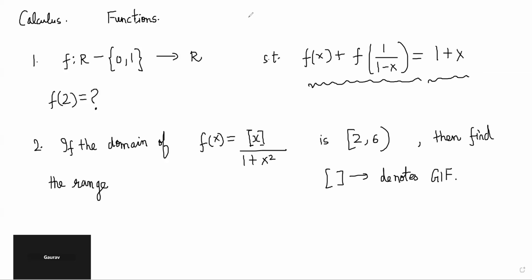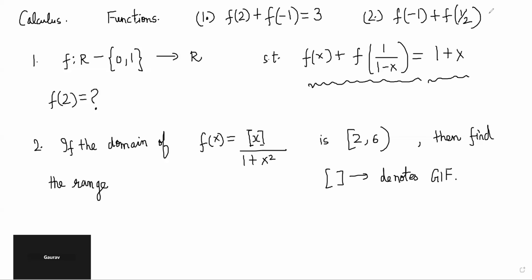If you put x is equal to 2 here, you get f of 2 plus f of 1 by minus 1, so f of minus 1, is equal to 3. That's the first equation. If you put x is equal to minus 1 here, you'll get f of minus 1 plus f of half is equal to 0. That's the second equation.